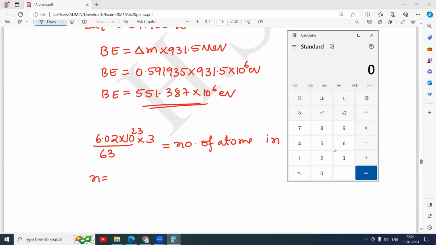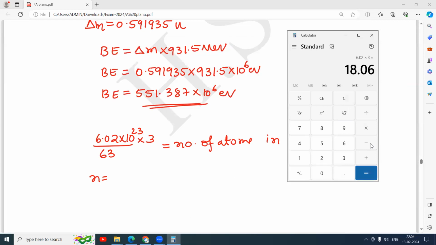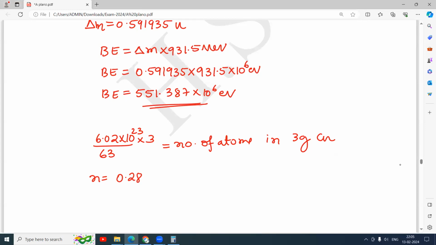So N is equal to 6.02 into 3 divided by 63, which comes to 0.2867 into 10 to the power 23 atoms. One atom needs this much energy to separate all the neutrons and protons. What about all these atoms?